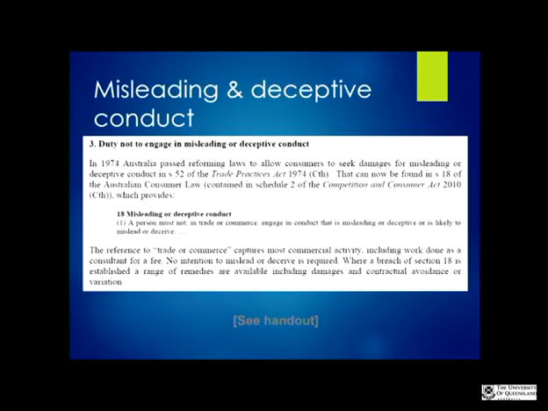So to vary a contract, or we call it setting aside a contract, so it's as though it no longer exists. So for those of you that came to the Coal Seam Gas Practice Week, you would see that something like that would have been quite useful, but you have to prove that it's misleading or deceptive, or is likely to mislead or deceive.